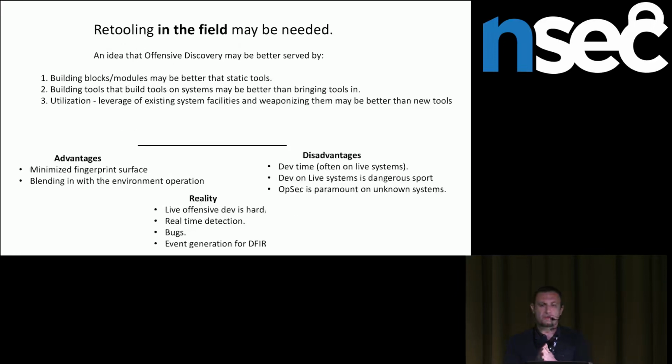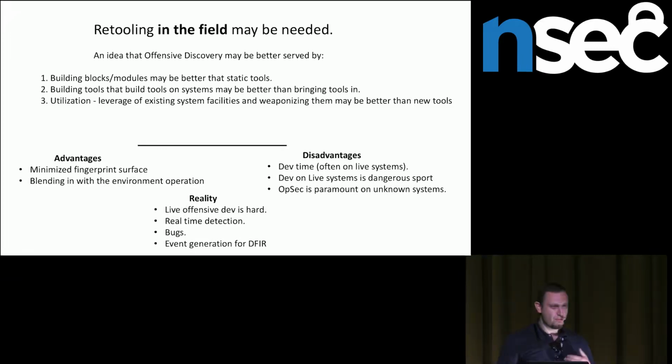The problem with bringing already existing tools on a host is just that, right? Is detection. And so how do we make sure we can retool what we have in the field right on the live host? So there was this idea that we may start doing building blocks of things right on the box instead of bringing static tools in.